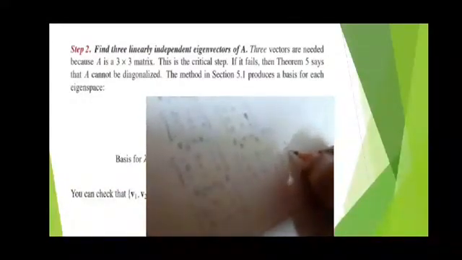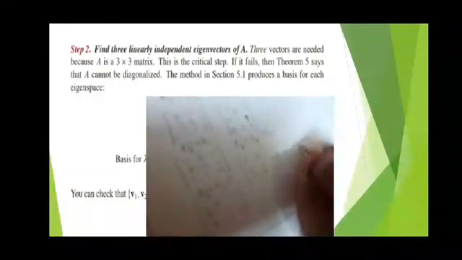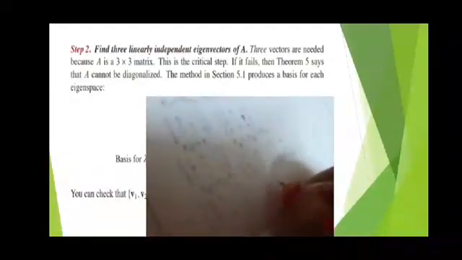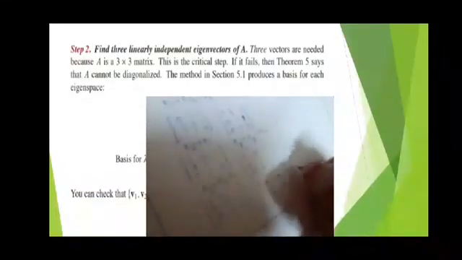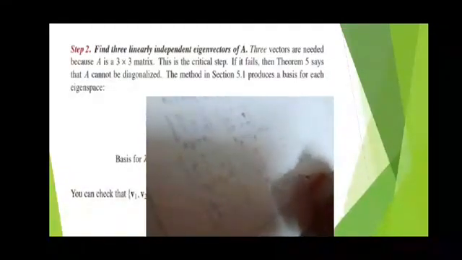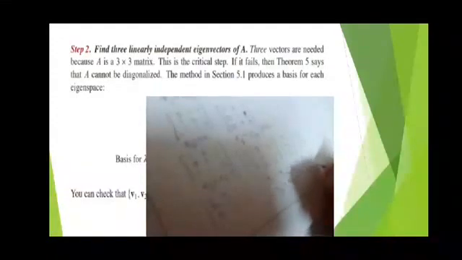We have to calculate the values of x1 x2 x3 equal to 0 0 0. If we write the equations: x1 minus x3 is equal to 0 and x2 plus x3 is equal to 0. So x1 is equal to x3 and x2 is equal to minus x3.